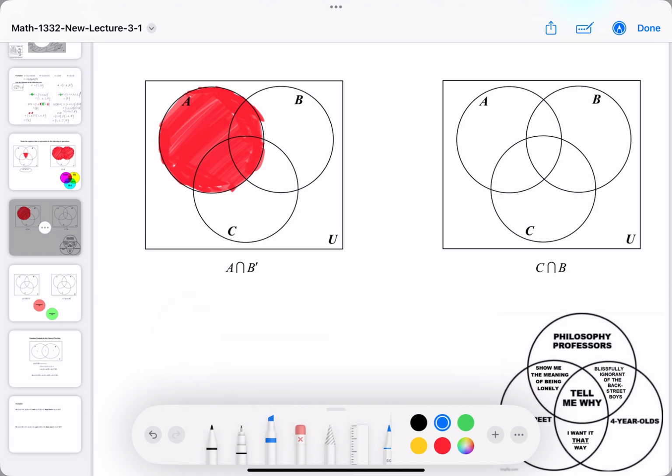I know that if I'm shading B, this is B. Not B is here. Still thinking this is better.